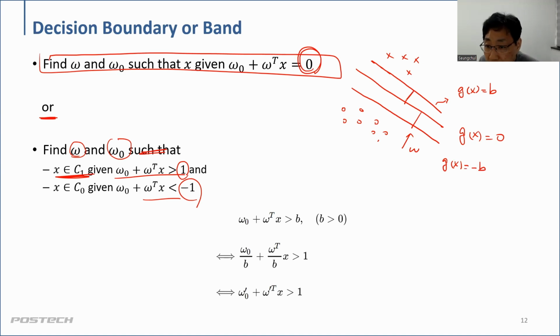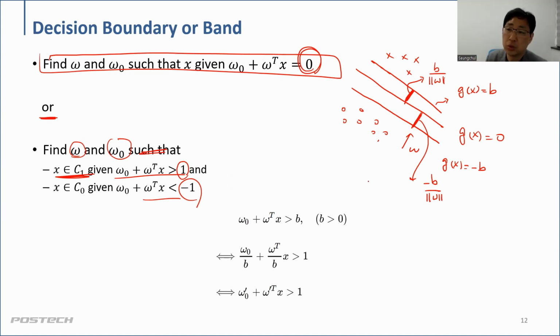What's the distance over there? What's the distance? It's b divided by the norm of omega. So there, -b divided by the norm of omega.